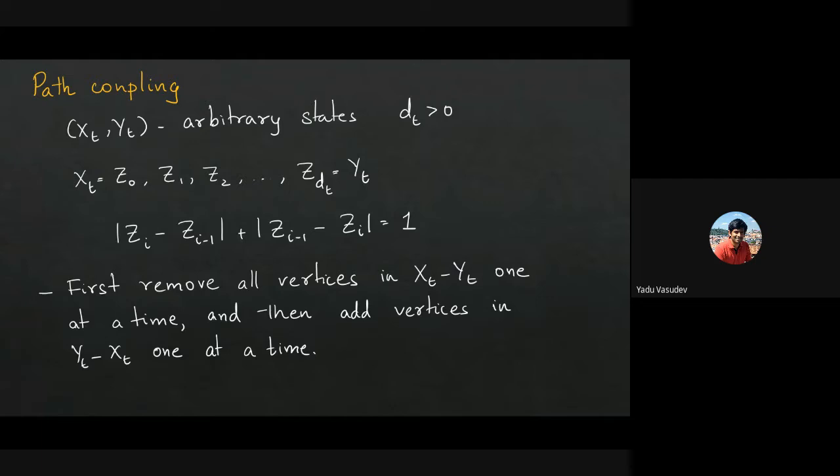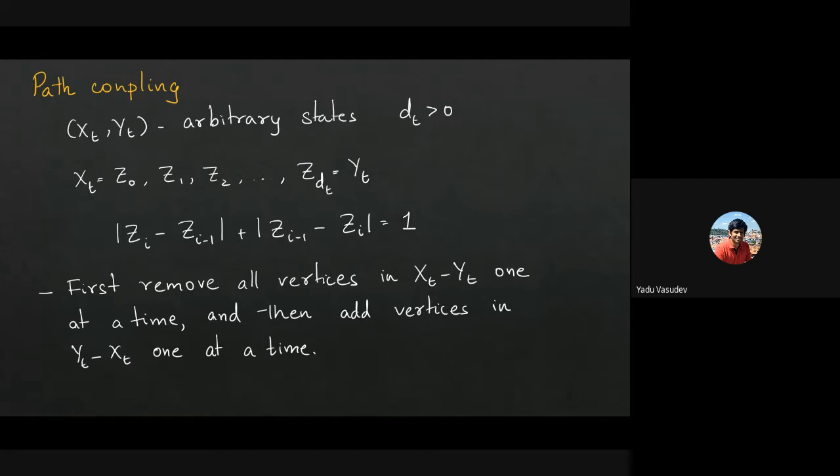For instance, you look at the sequence where you keep removing vertices in xt one at a time until you have removed all the vertices in xt minus yt, and then you keep adding vertices from yt minus xt one at a time until you reach yt. So you can always construct the sequence. There's a very canonical way in which you can write the sequence of sets, such that for every consecutive pair of independent sets, they differ in exactly one vertex.